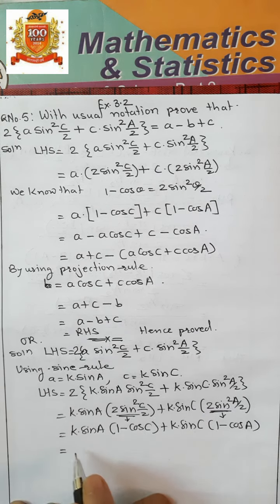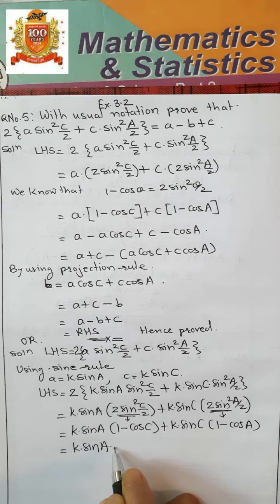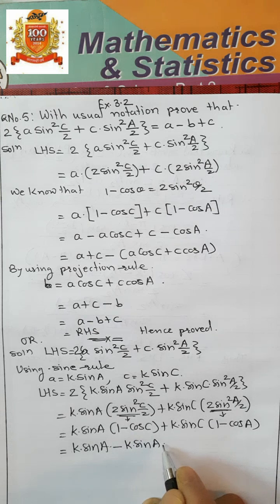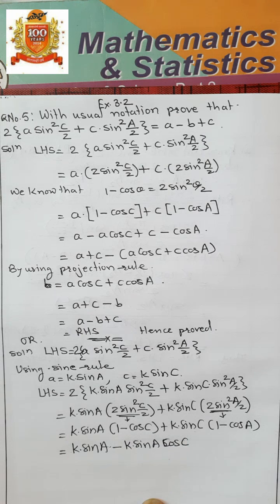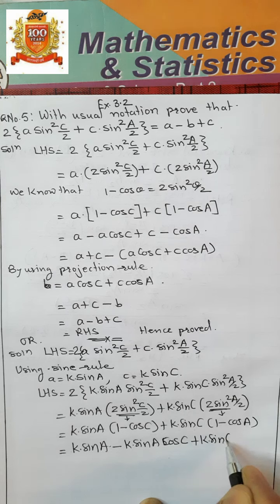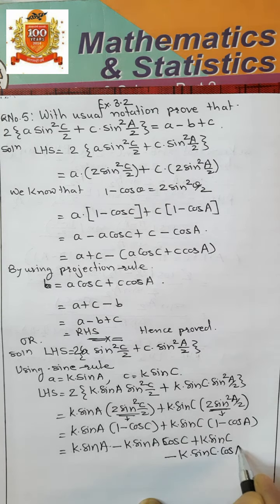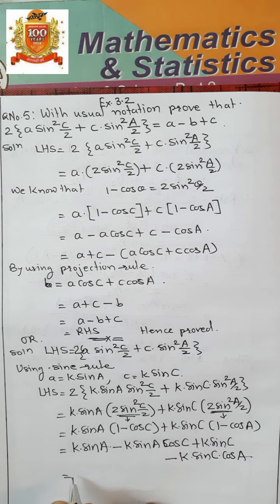That is equal to k into sin A minus k into sin A into cos C plus k into sin C minus k into sin C into cos A. That is equal to, take out k as common.